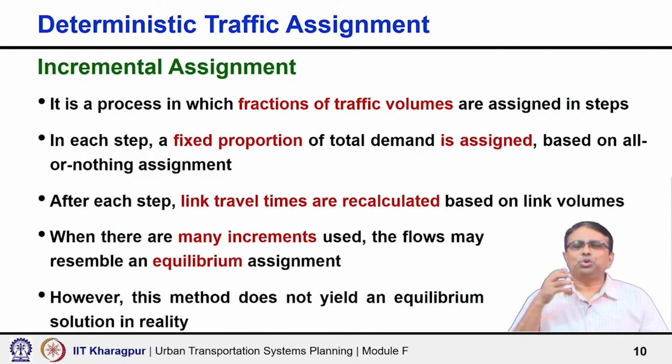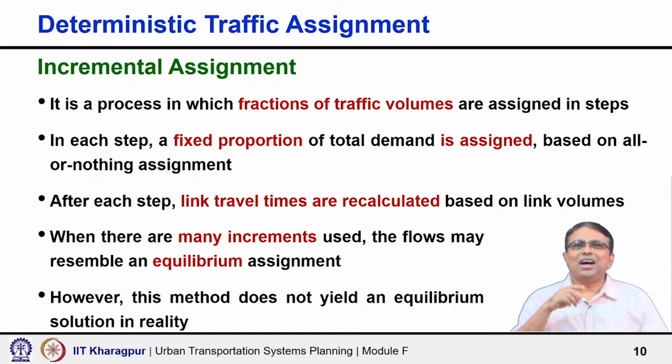The total demand is divided into this many increments, and suppose I make 5 increments. So, instead of loading the complete demand in one go, I will load an equal amount, that means 20% demand each time, and 5 times I will load it, but with a small change.